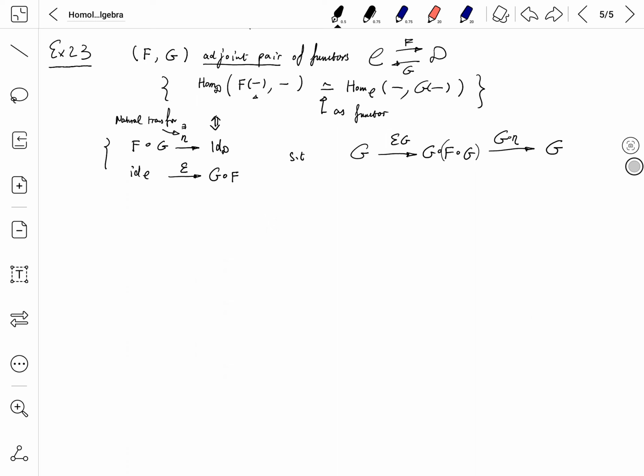Similarly here, if you got G, if you got your epsilon natural transformation from identity to G composed F, then G could also compose with it.